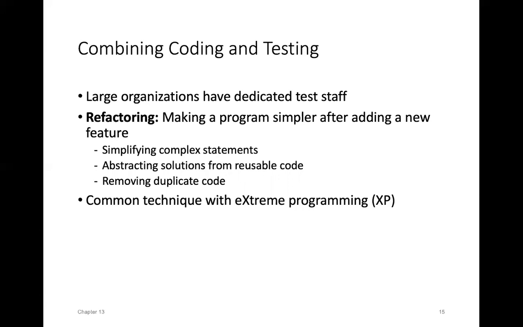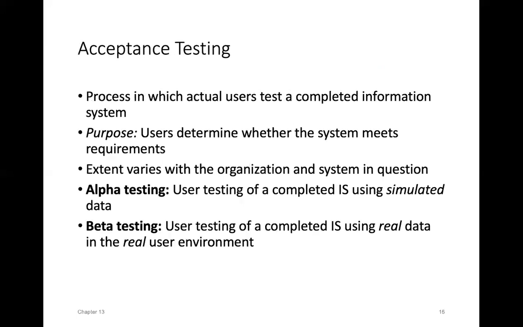Now, when it comes to what we call acceptance testing, this is where testers are the user community who are going to use the system, and they go through this process of signing off. All right, so we're not yet using real live data, and we may not yet have used our actual user community who are going to be using the system. So acceptance testing or user acceptance testing, you often hear the phrase UAT.